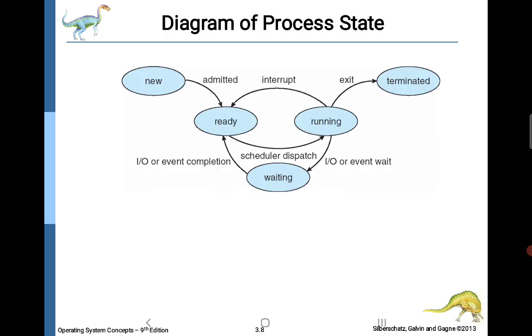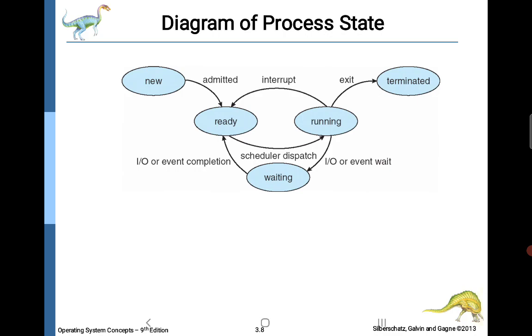As we can see in this diagram, the process can change its state from one state to another state and back to the older state. The process starts as new, loaded into the memory.